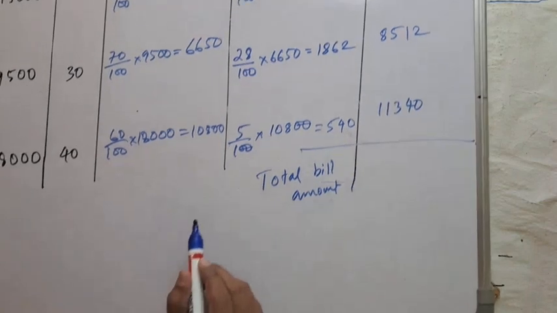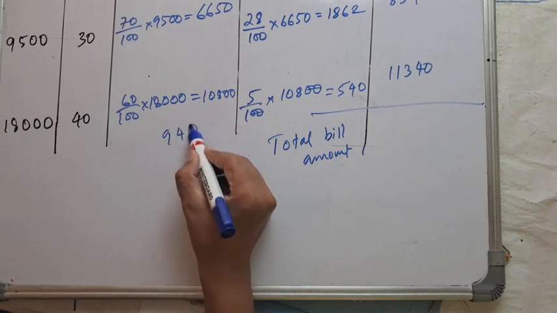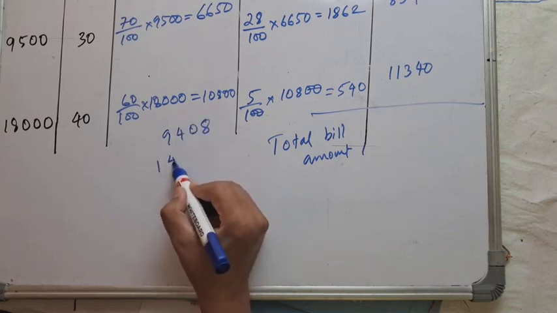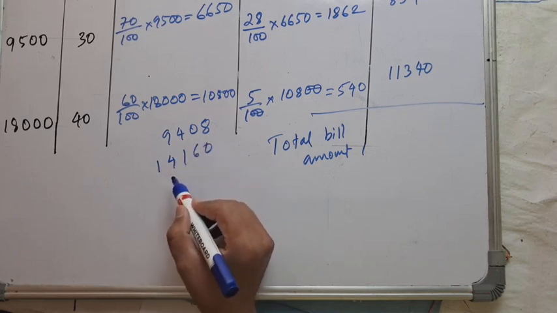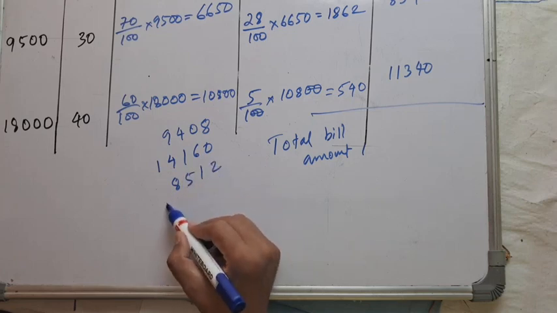So let us add them up here. 9,408 is the first bill, second bill is 14,160, third is 8,512, fourth is 11,340.